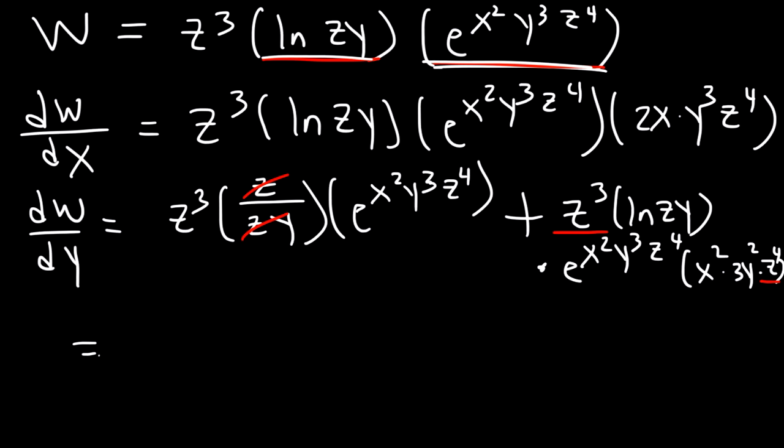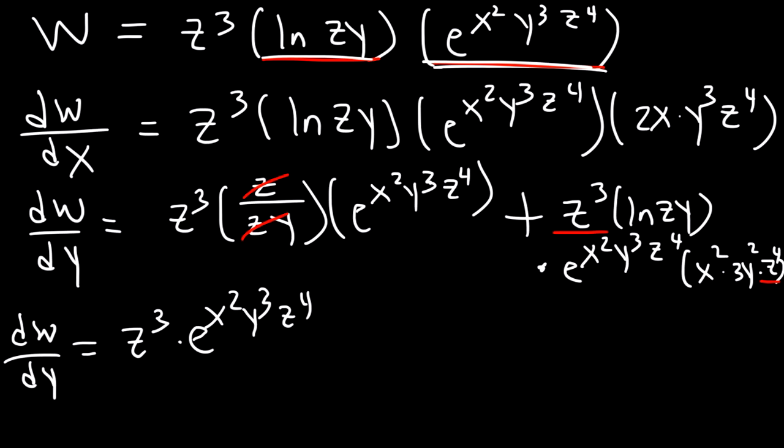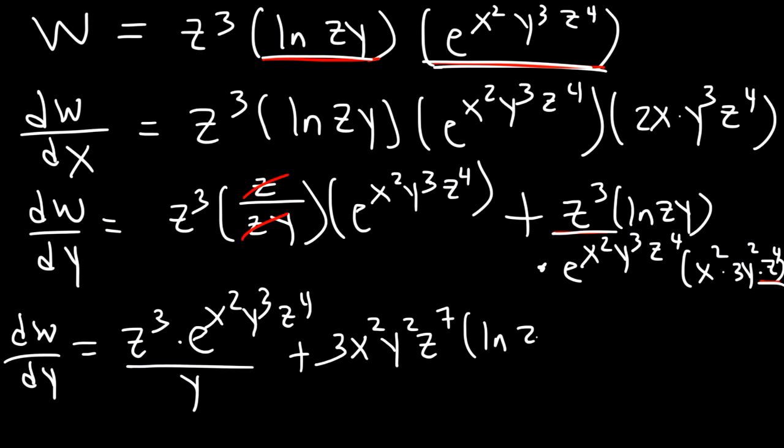So dw dy is equal to z to the third times e^(x squared y cubed z to the fourth) divided by y, plus 3x squared y squared z to the third times z to the fourth, that's z to the seventh, and then ln zy times e^(x squared y cubed z to the fourth).